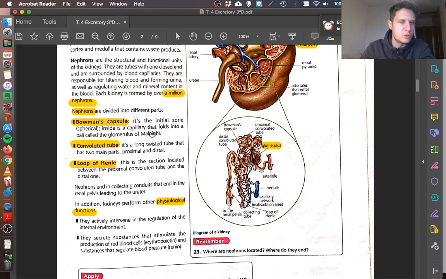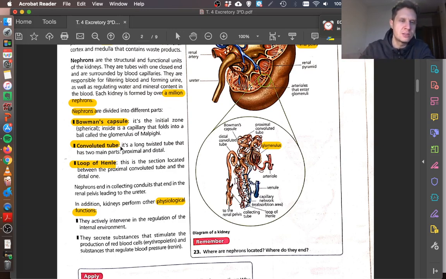Do we need to remember this name? No, really. The function of the Bowman capsule is to extract water, minerals, toxins and waste products from the blood.